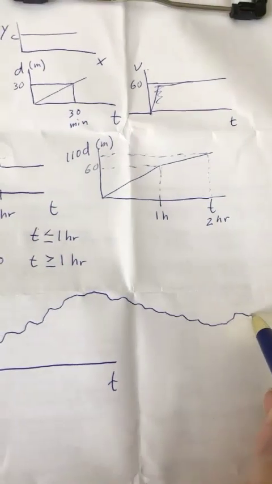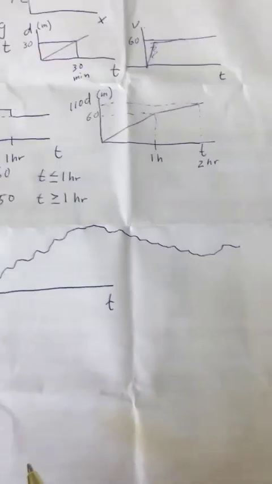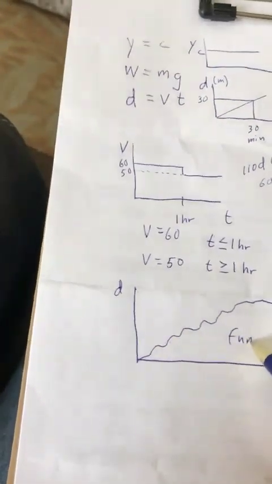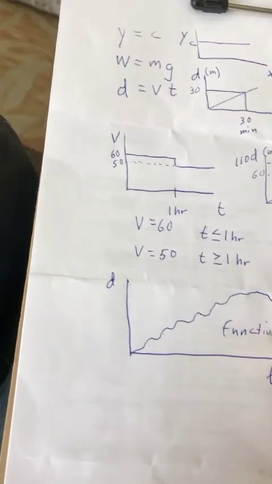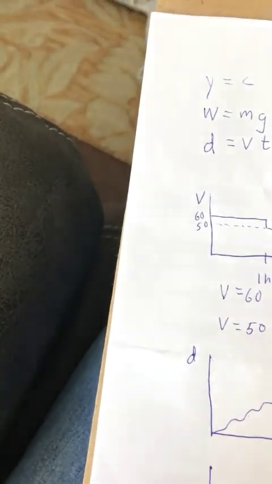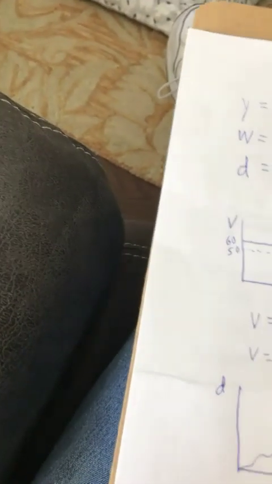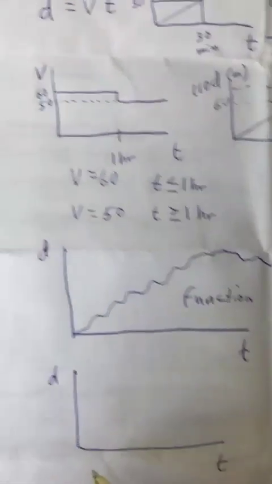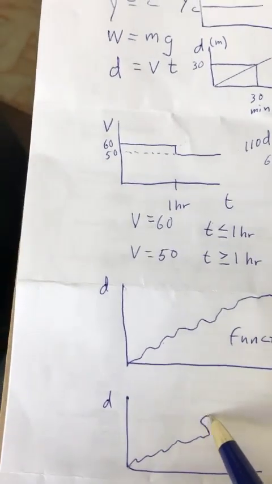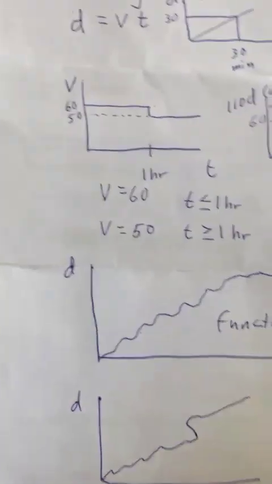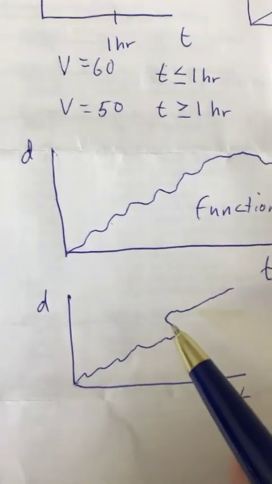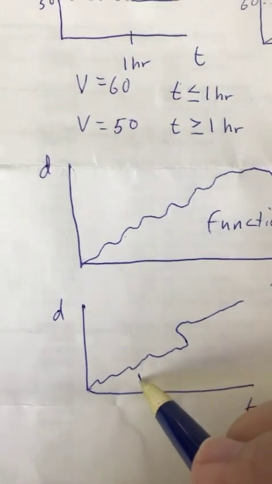But what he can't do, so this is a function so far. What he can't do, this is a function. What's not a function is if I do this. If I go, whoa, whoa, what happened there? I went back in time. That's not a function.